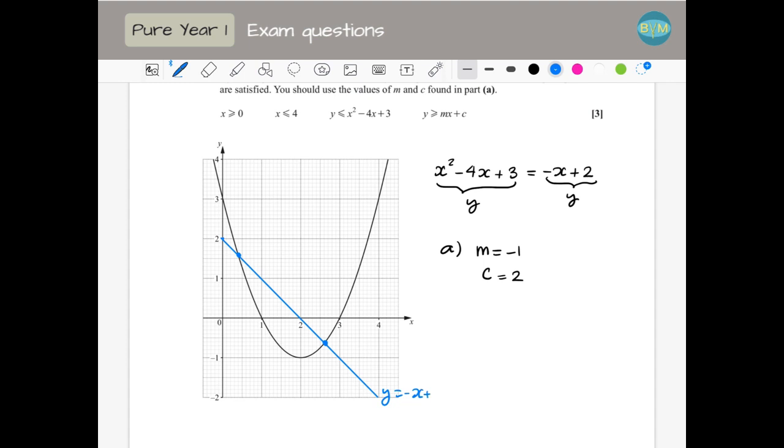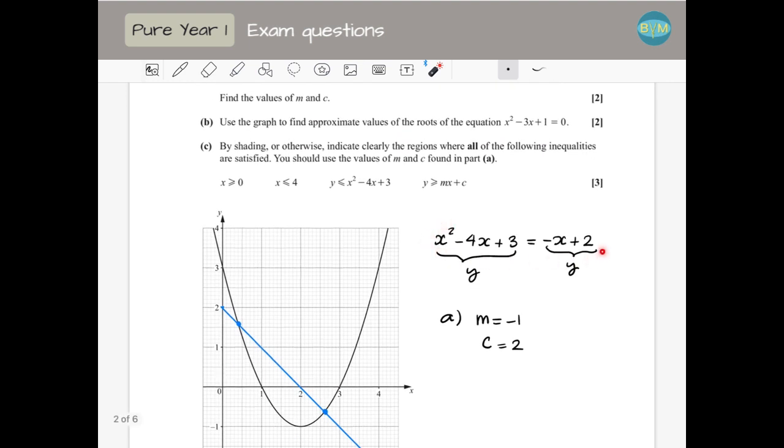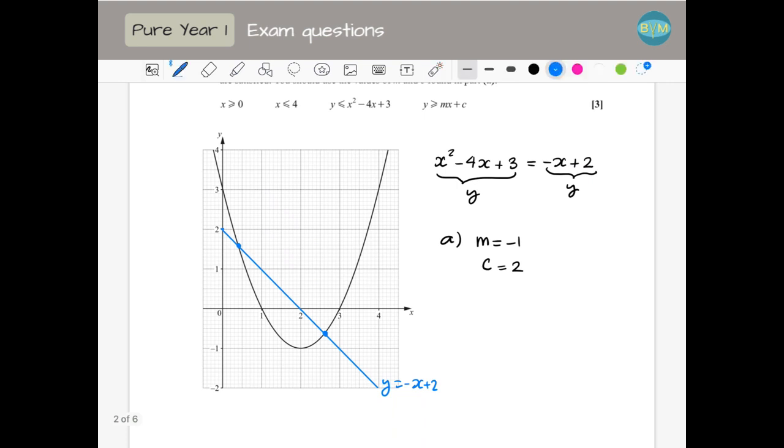And now they say for b, use the graph to find approximate values of the roots of this equation. The roots of this equation are the points of intersection between the quadratic that I have drawn and the line that I drew, which are these two points.